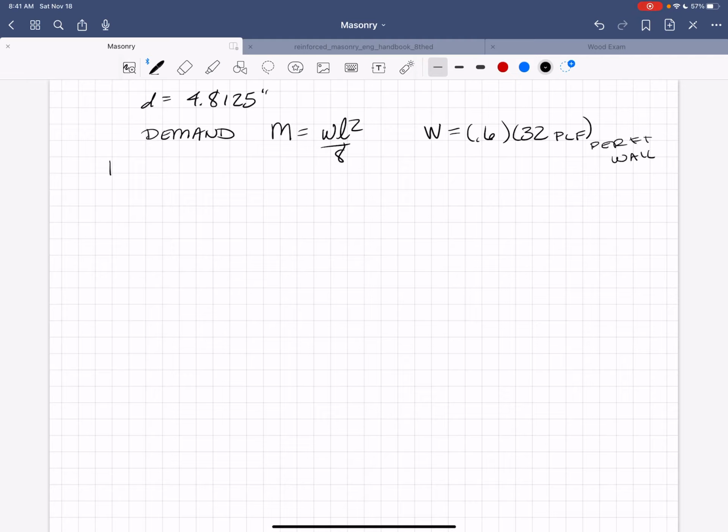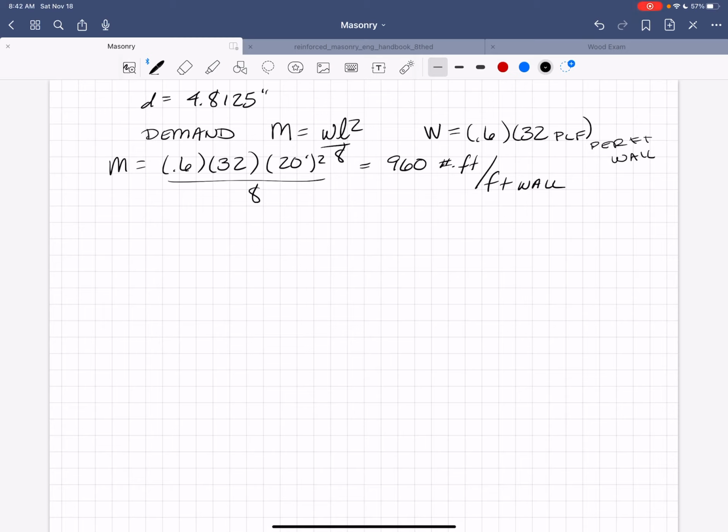All right, so moment equals 0.6 times 32, the wall is 20 foot tall, squared over 8, and I get 960 pound-feet per foot of wall. We actually are going to be looking at a section that is 4 foot because we've got reinforcement every 4 foot.